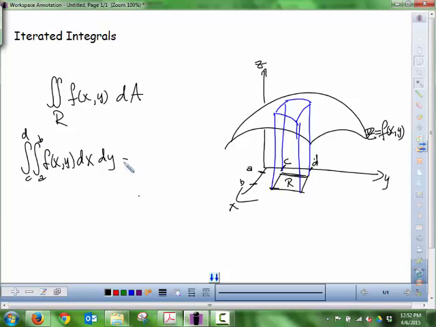And it turns out for this special scenario, we can also integrate with respect to y first, dy, and so our inner integrals will be from c to d, and then your dx integrals, your outer integrals, will be from a to b.